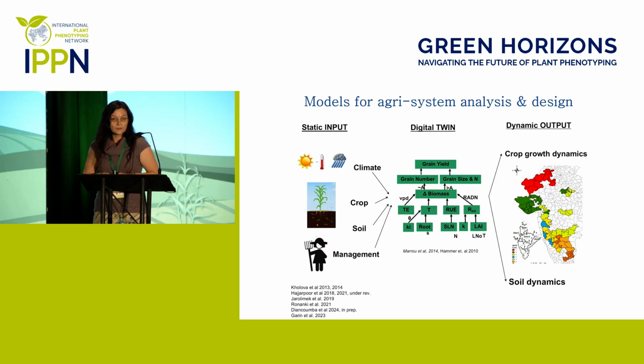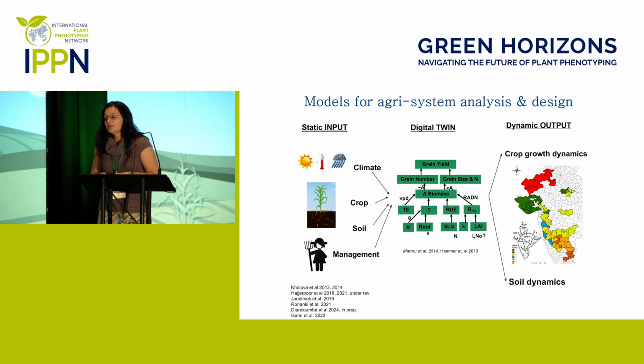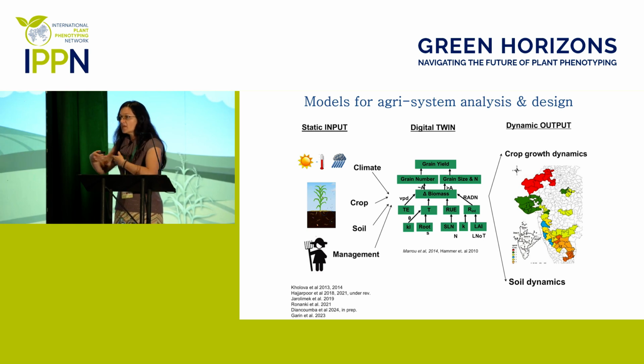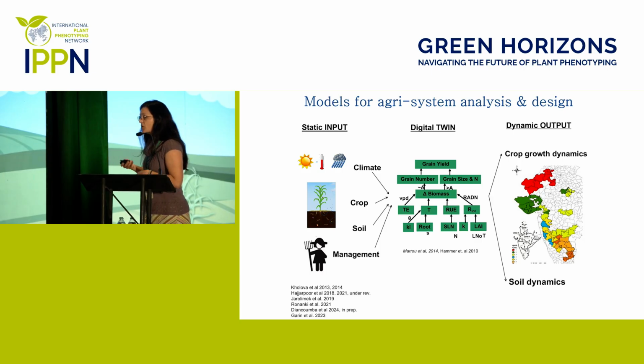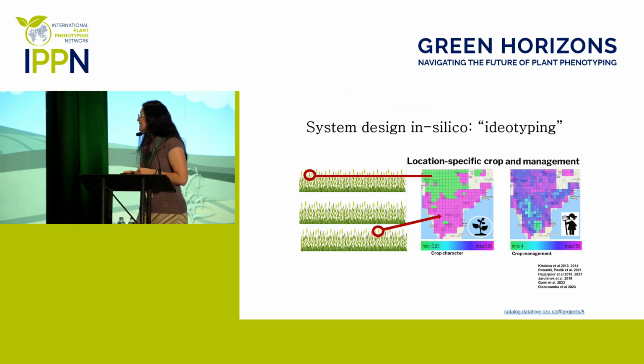So what these crop growth models are, those are the system of mathematical algorithms which take a static input on climate, crop, soil, and crop management, and transform these static inputs into the dynamics of the crop interaction with those environmental conditions across the required time and scale. And then we can perform further analysis.